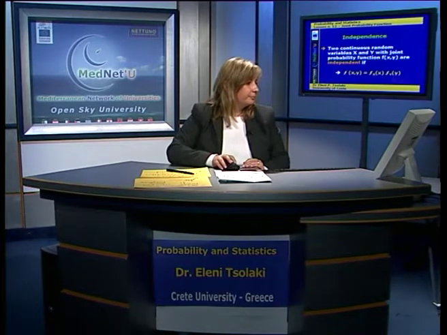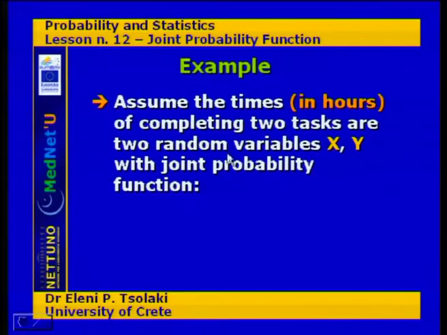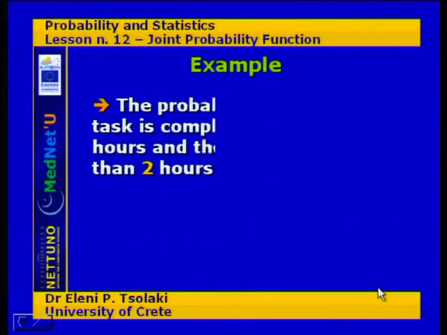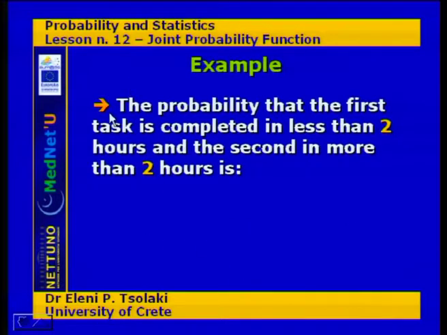So we have the times of completing two tasks are two random variables x and y with joint probability function given here for x greater than 1, then 0, y greater than 0, and 0 otherwise. Now, we would like to find the probability that the first task is completed in less than 2 hours and the second task in more than 2 hours.